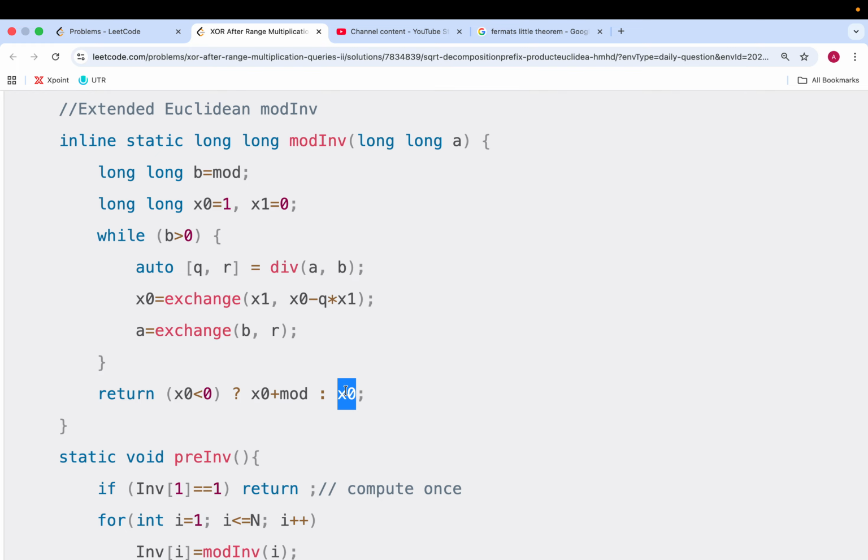Exchange x1 with x naught minus q times x1. Alright, this is a bit beyond me, if I'm being honest. I think my issue is that I'm dividing instead of using the inverses.